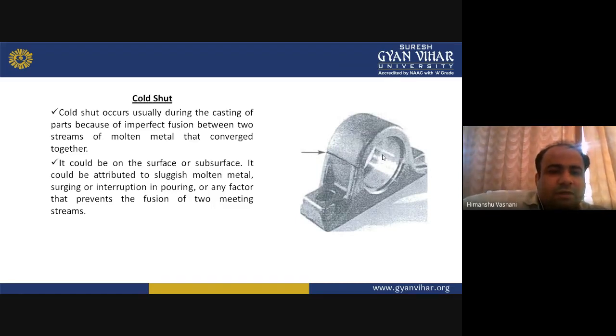It could be on the surface or subsurface. It could be attributed to sluggish molten metal, surging or interruption when pouring, or any factor that prevents the fusion of two meeting streams. Why does it happen? Because when we are making alloys, either the temperature might not have reached the level where proper mixing is possible, or if you are applying one more surface and proper conditions aren't met, it also leads to cold shut.